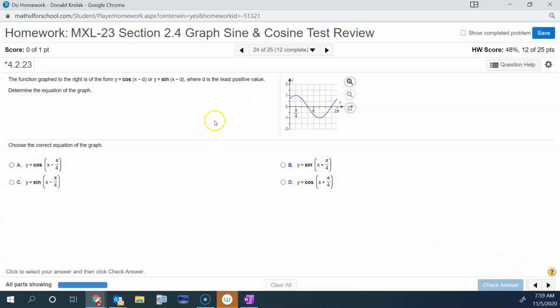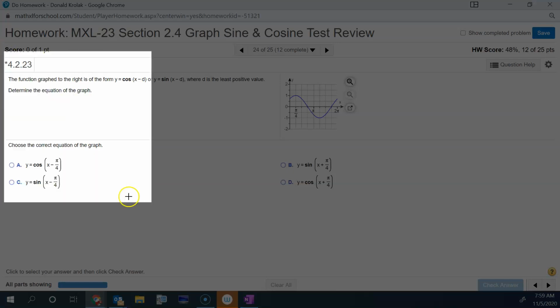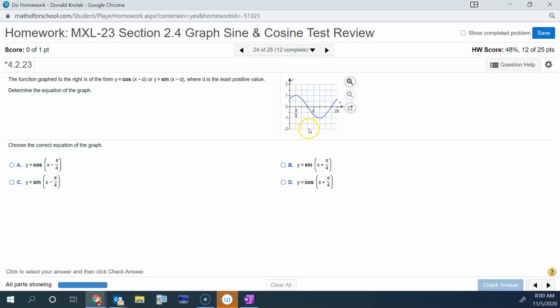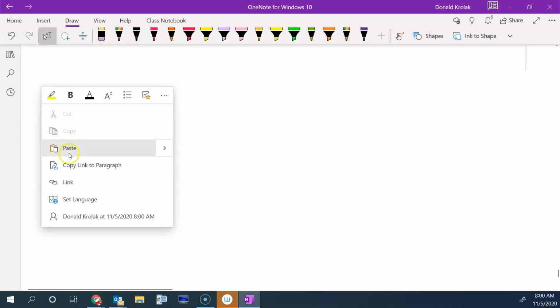All right. Now the next one was shifted right and left because it's saying it's either cosine x minus d or sine x minus d. So how about this one? Ask yourself, is it a cosine or a sine? And where does it start?